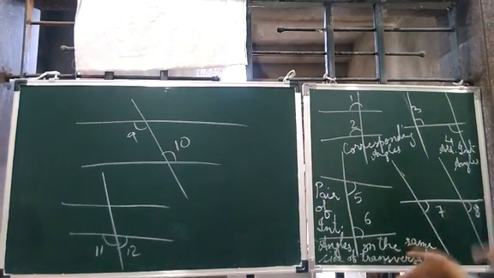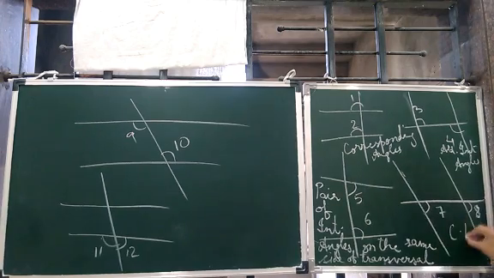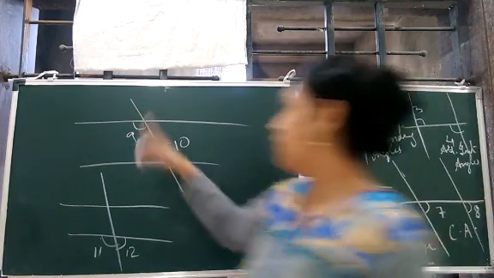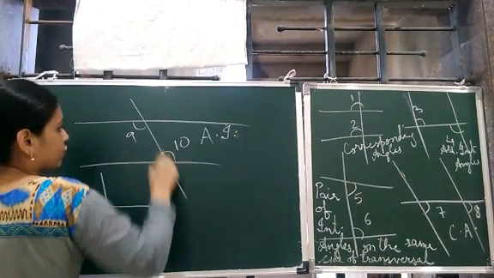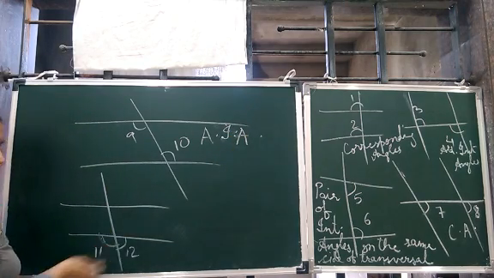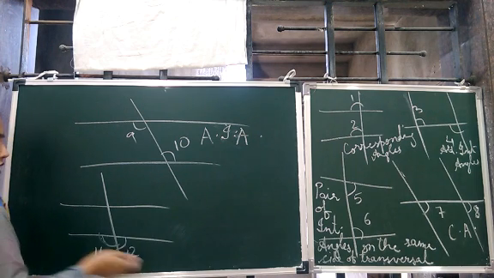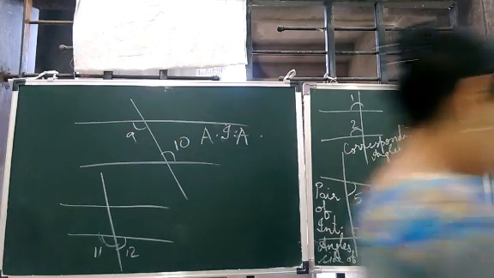Again, this is a formation of F, you can say. So corresponding angles. Alternate interior angles, formation of Z. This is a linear pair, or you can simply say exterior angles also. Linear pair angles or exterior angles, anything you can write.